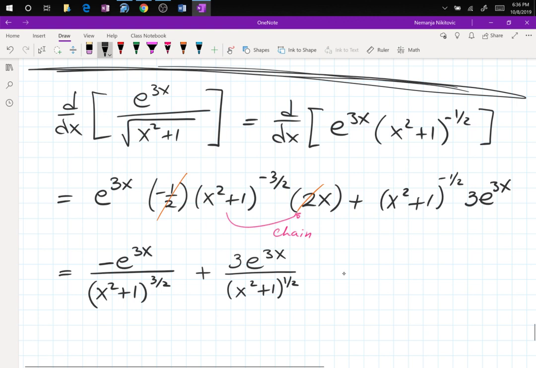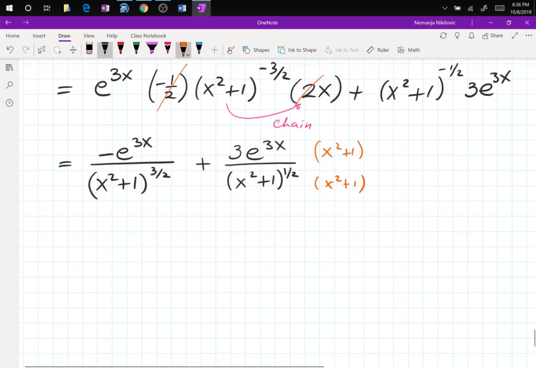Now, in order for us to have a common denominator, we are going to multiply the second one with x squared plus 1, because that will give us 3 halves in the denominator. So x squared plus 1 to the 3 halves.